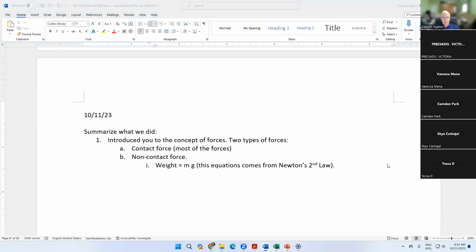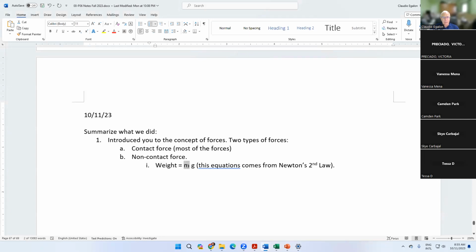Every mass on the surface of a planet, or nearby another mass, another planet, is subjected to a force that's called the weight.